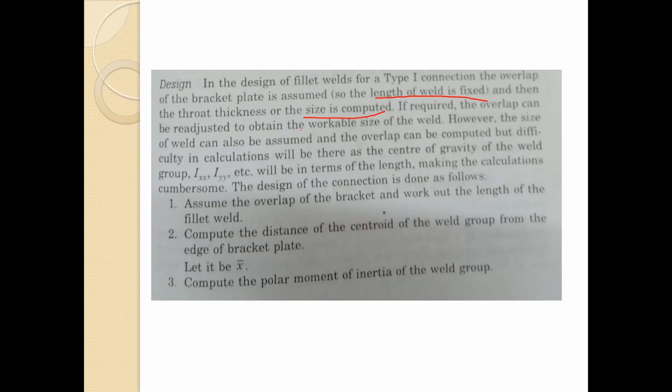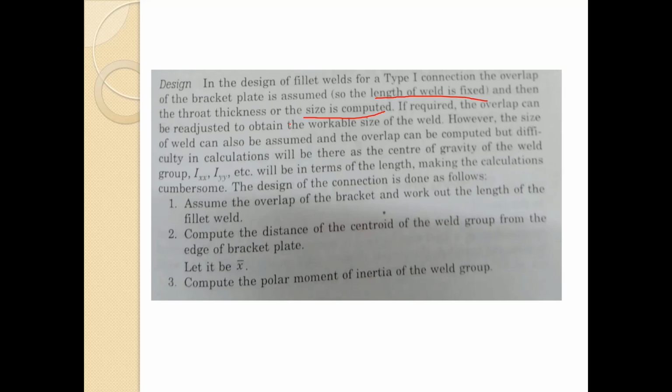However, the size of weld can also be assumed and the overlap computed. But there will be difficulty in calculations, as the center of gravity of the weld group and Ixx and Iyy etc. will be in terms of length. So making the calculations is cumbersome. So here you can see the difficulty.